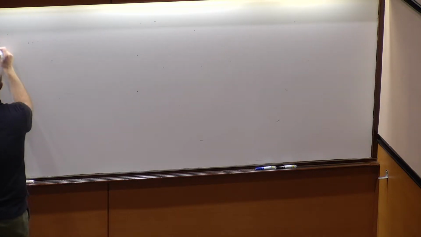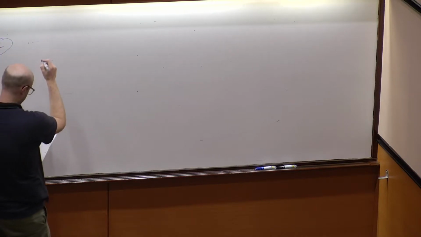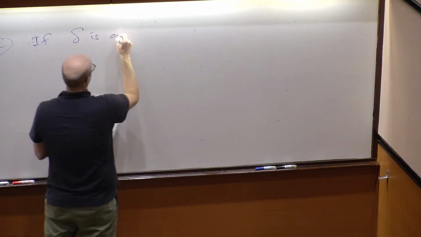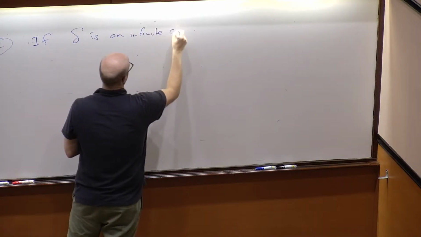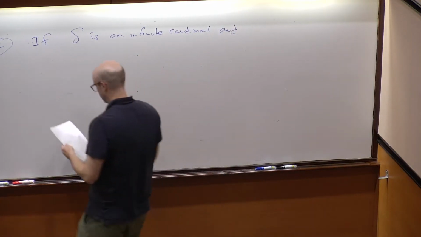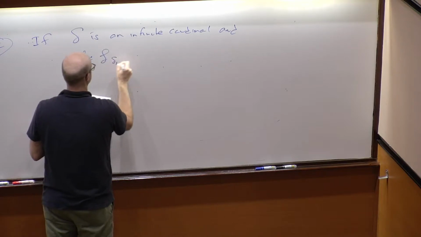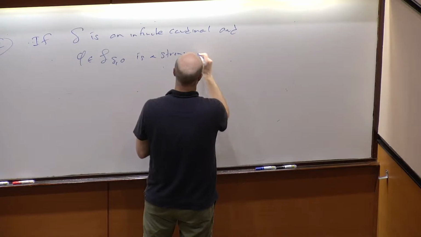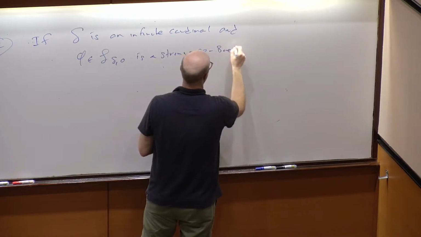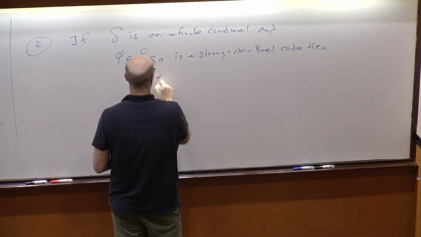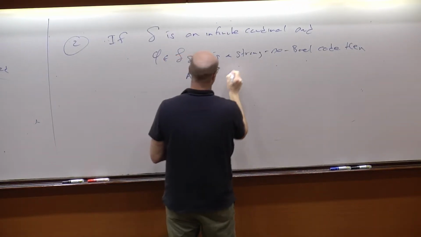Okay, good. So observation 2 is that if delta is an infinite cardinal and phi in L delta 0 is a strong infinity Borel code, then A phi, the set coded by phi, is delta Suslin.